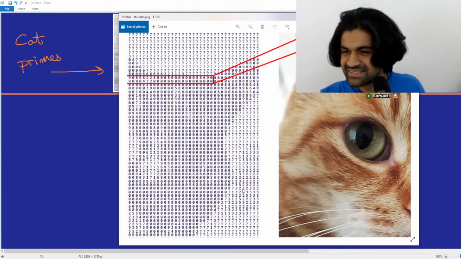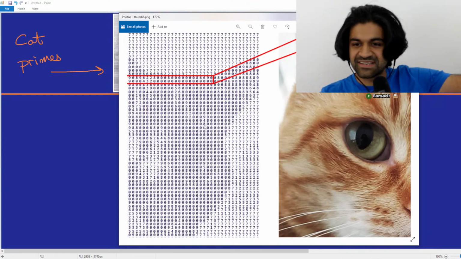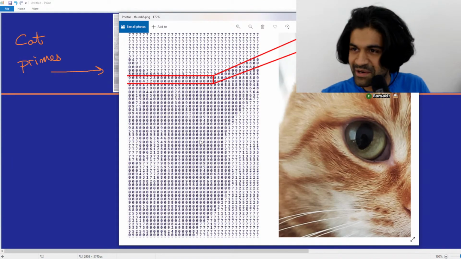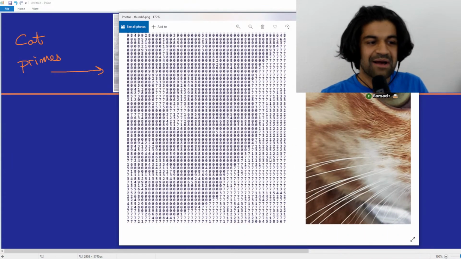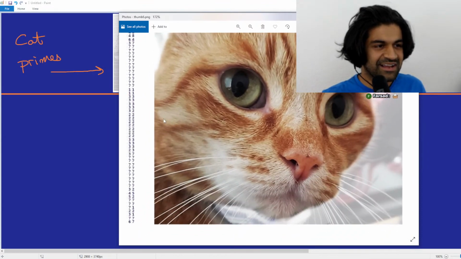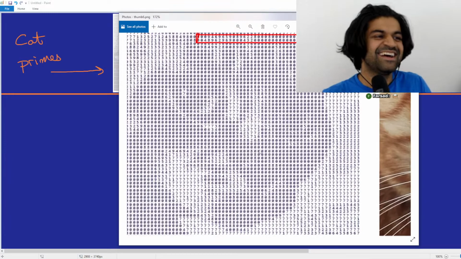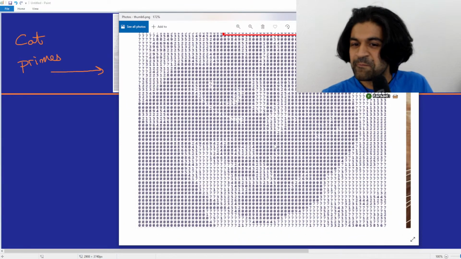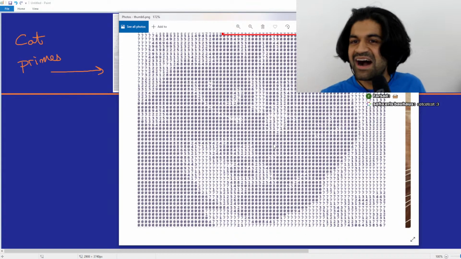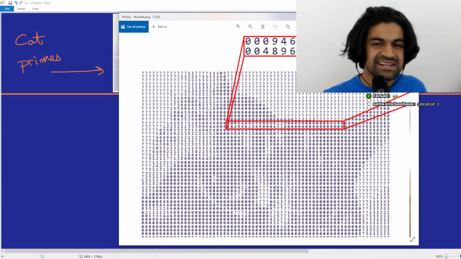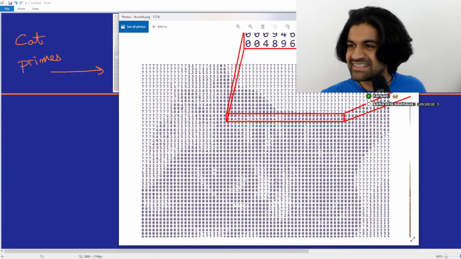I hope you can see the resolution. It's a 4,900 digit number, and this number happens to be a prime number, and it also happens to look like one of my two beautiful cats that you can see over here. So I want to talk about today how I did this.